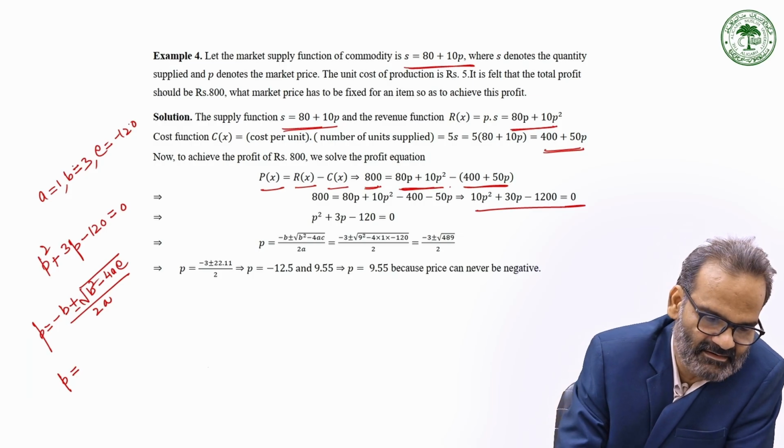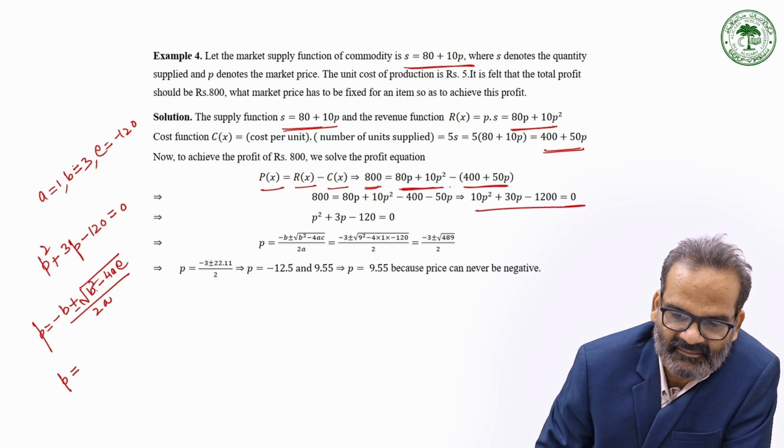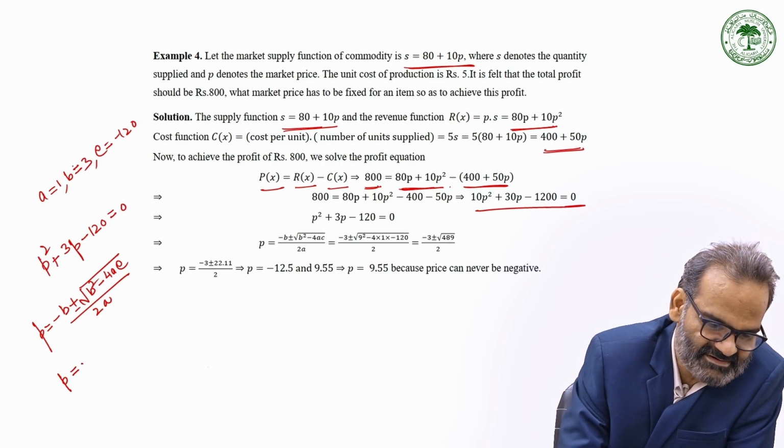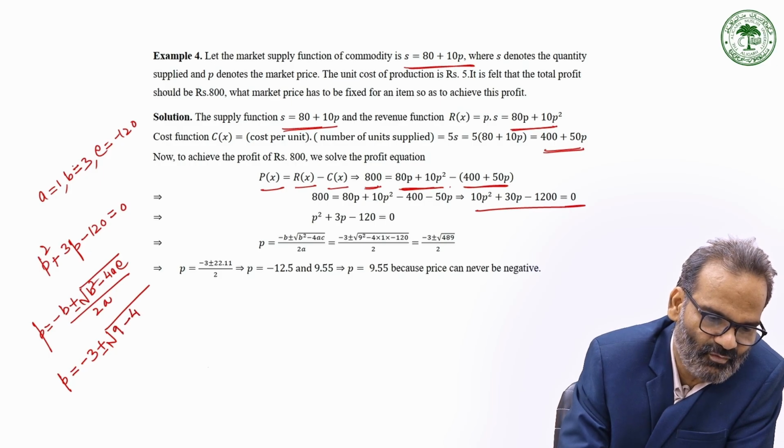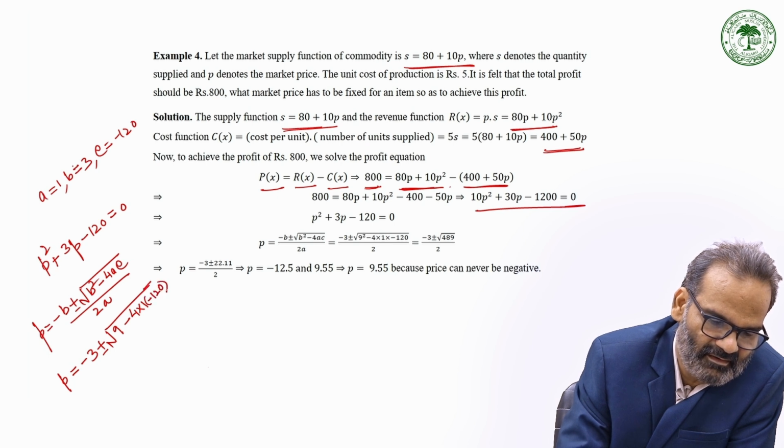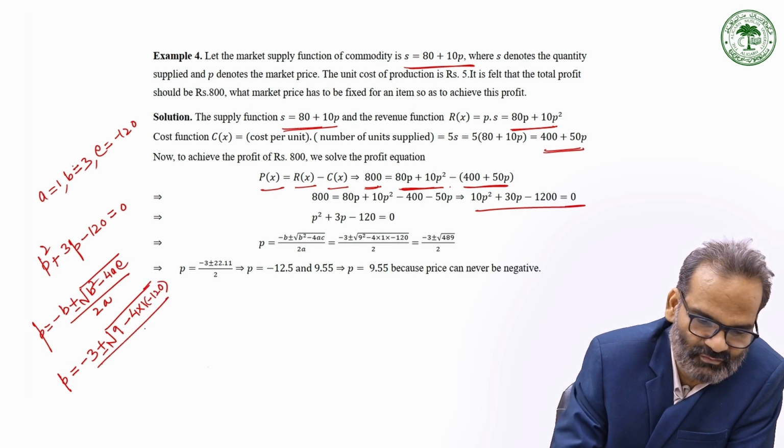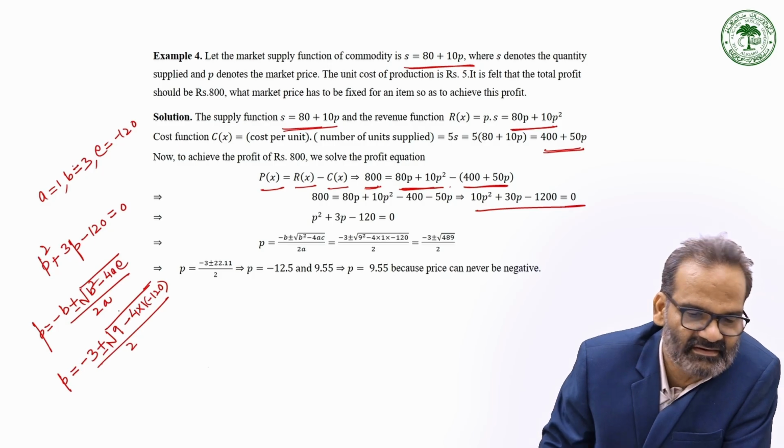So p equals minus 3 plus minus root of b square, that is 9, minus 4 into a, which is 1, and c, which is minus 120, divided by 2a, that is 2 into 1.